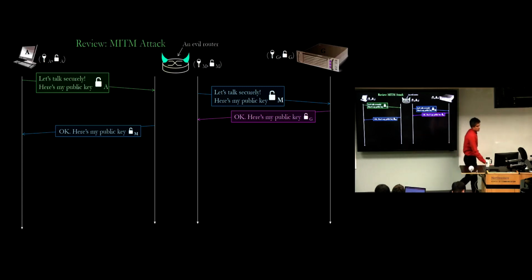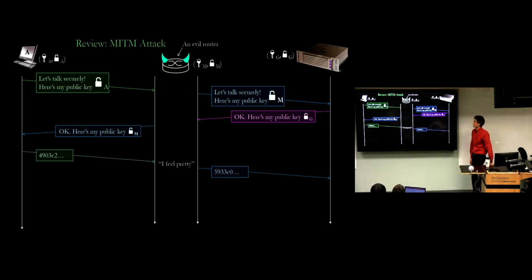At the end of this handshake, both sides are using the evil router's public key instead of the correct ones. So subsequent messages can be decrypted by the man in the middle and then re-encrypted to the final destination without either party knowing what's going on, because somehow they were tricked into using the wrong public keys.